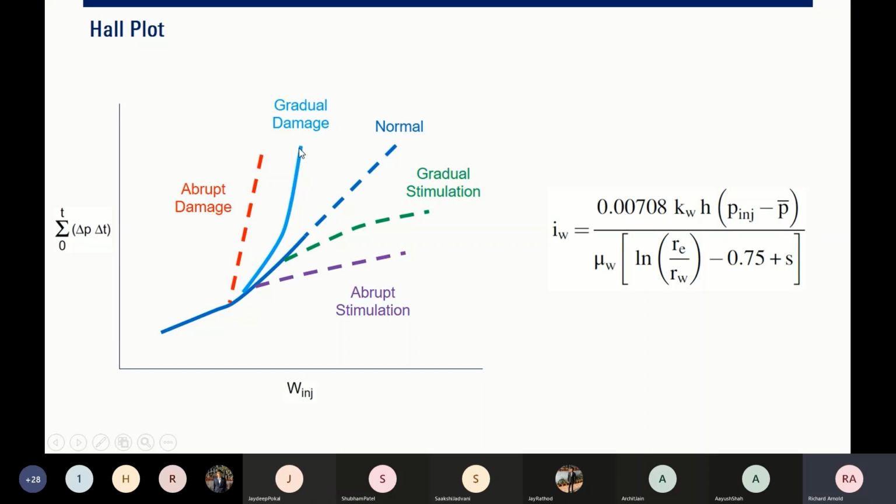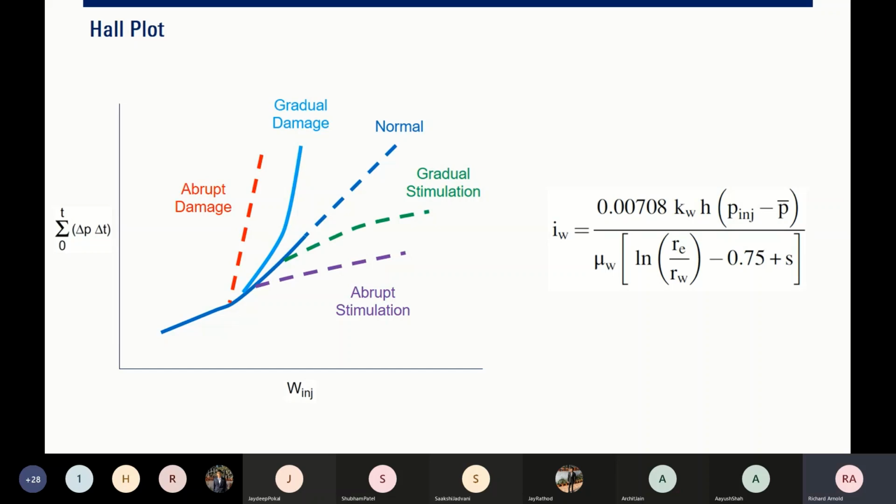So the injectivity will drop, maybe because of low quality water injected into your injectors, maybe dirty water due to solids, due to oil in water content. And of course, you will suffer formation damage or injectivity impairment. That's what the Hall plot can tell you.